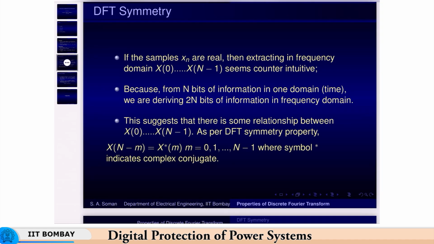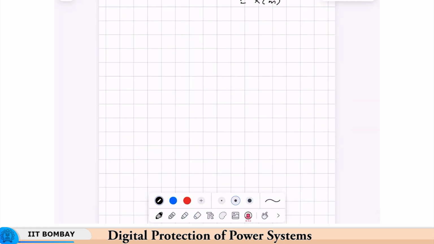What it means is that the magnitudes of x of n minus m and x of m are the same, but there is anti-symmetry in the angles. Okay. The angle will be minus. We will just prove that. Okay. So, what we are proving now is DFT symmetry.